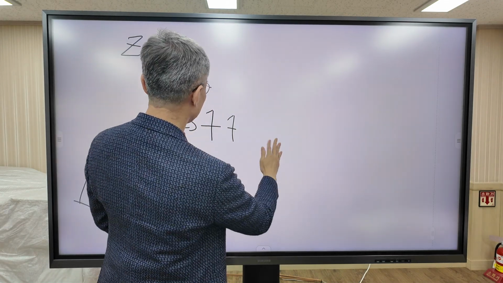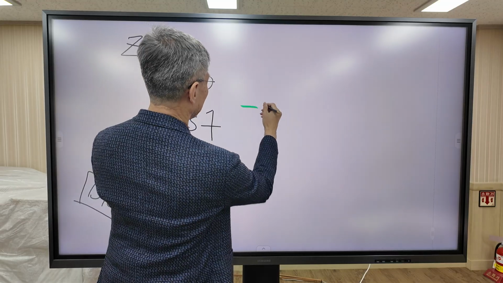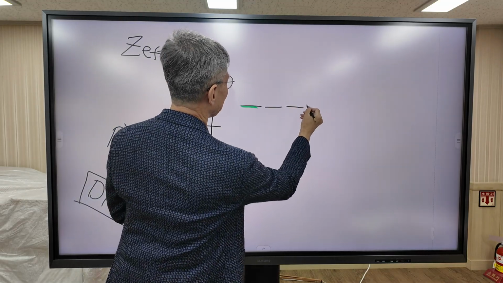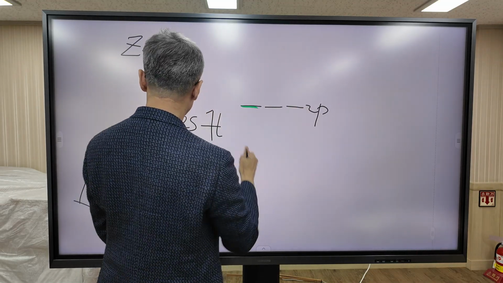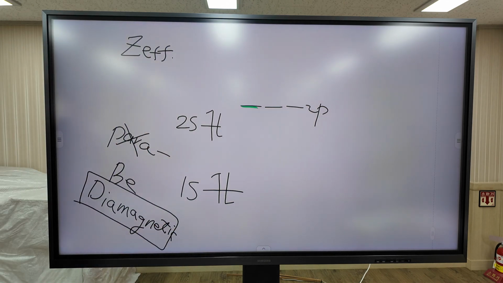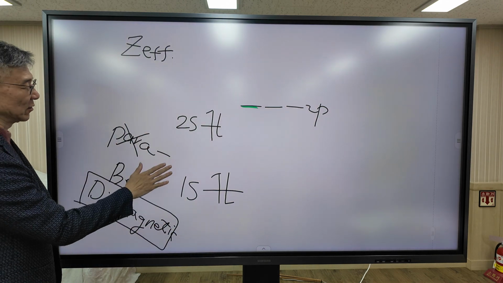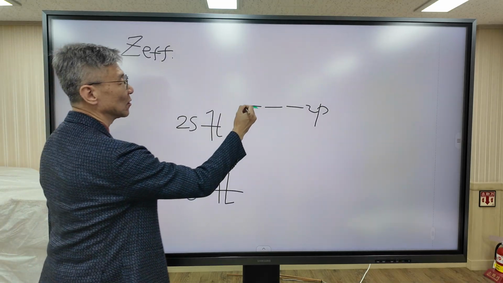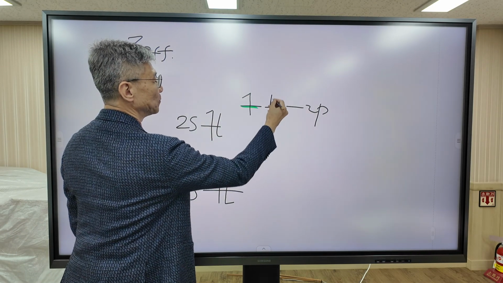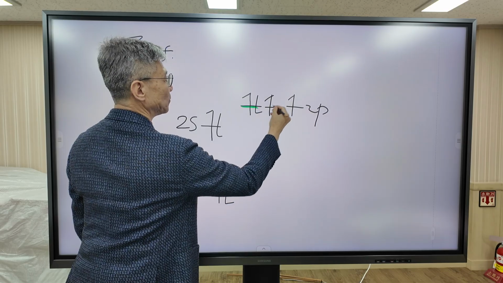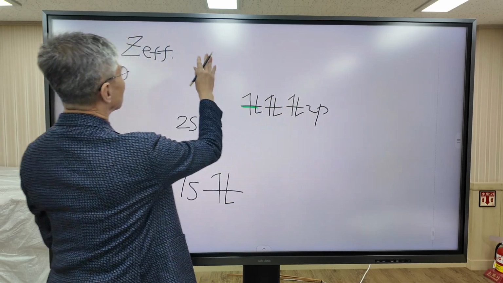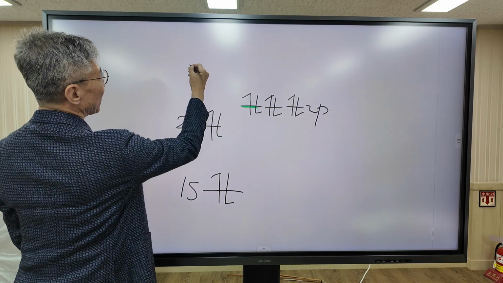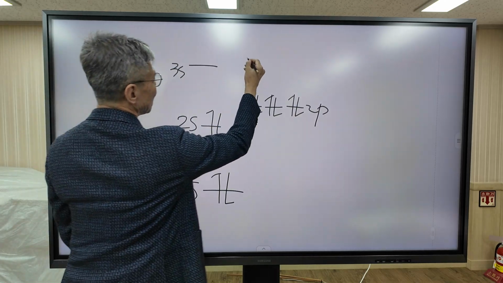So anyway, this is the orbital energy level of the many electron atoms. So we are going to assign electrons according to Hund's rule. And the next energy levels are 3s and 3p.